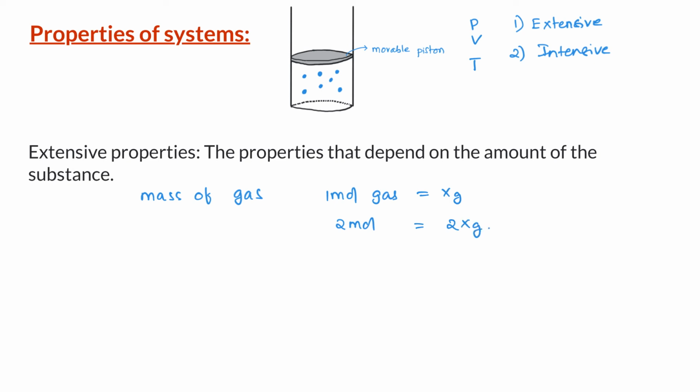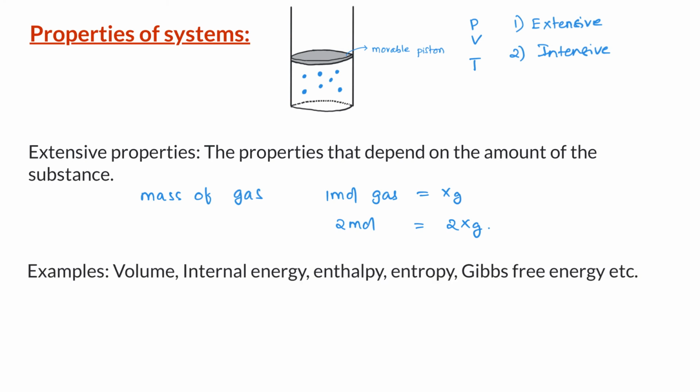Therefore, mass depends on the amount of the ideal gas. Therefore, it is an extensive property. Some other examples of extensive properties are volume, internal energy, enthalpy, entropy, Gibbs free energy, etc.